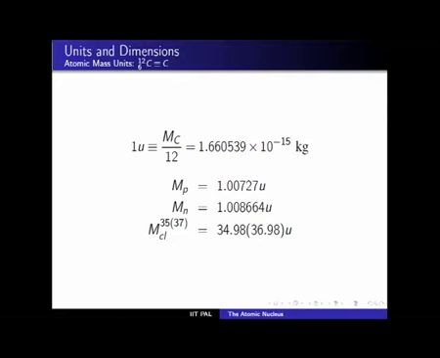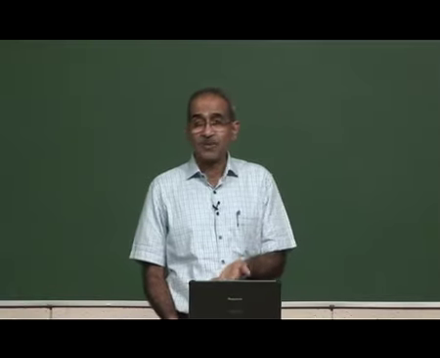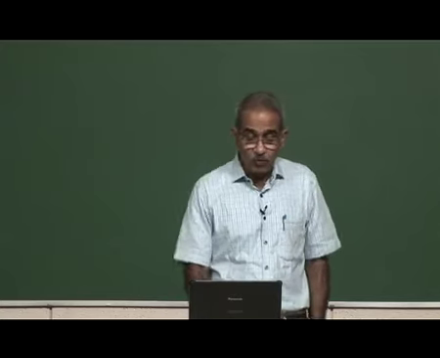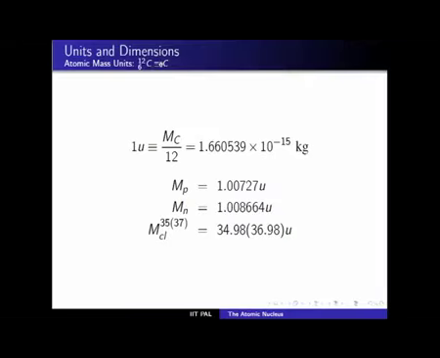What I could have done is to either start with the mass of the proton or the mass of the neutron. If you give me the mass of the proton, that fixes the mass of the neutron in the units of the mass of the proton, that fixes the mass of carbon, but that is not what we are going to do. As I told you, for historical reasons, we take the mass of carbon to be the fundamental unit. That is the most important thing.